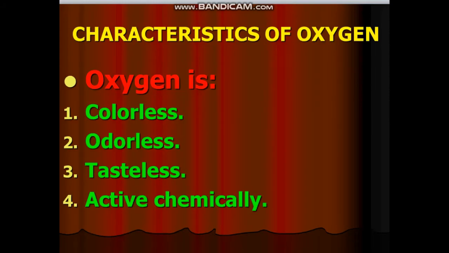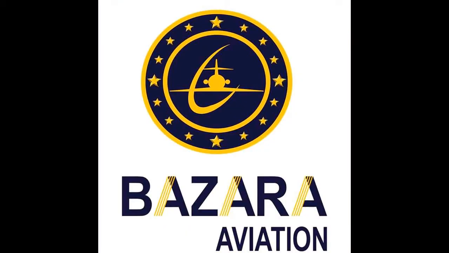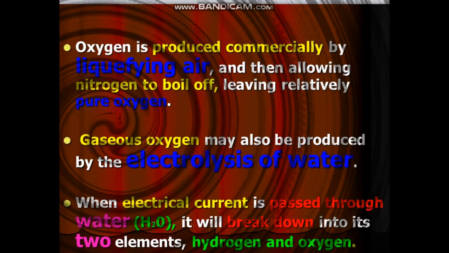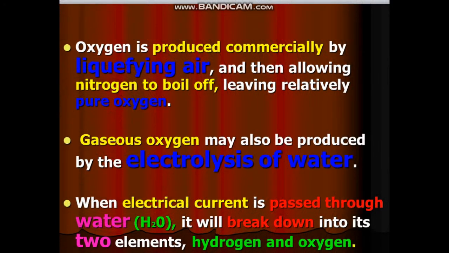Characteristics of oxygen: oxygen is colorless, odorless, tasteless, and chemically active. Oxygen is produced commercially by liquefying air and then allowing nitrogen to boil off, leaving relatively pure oxygen.